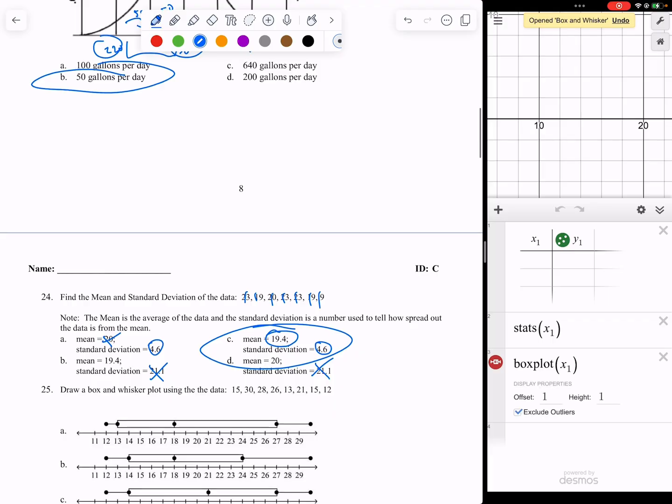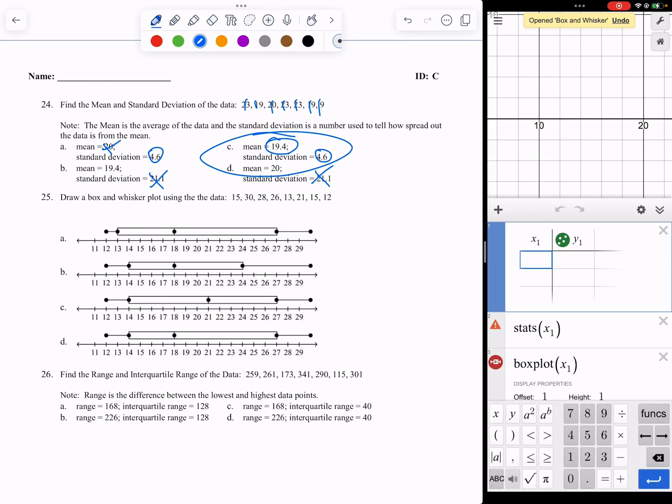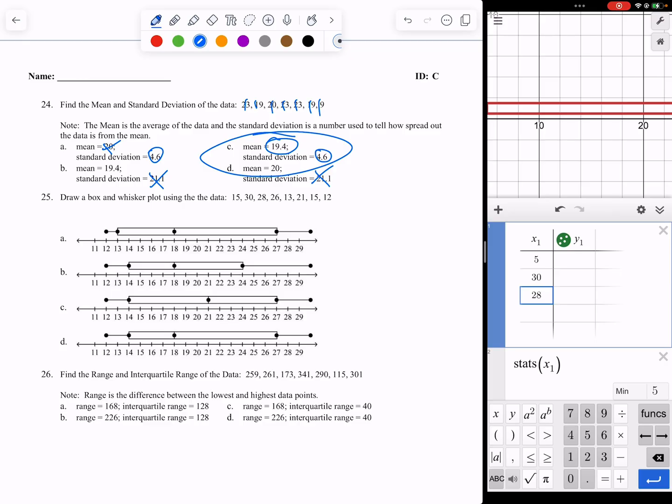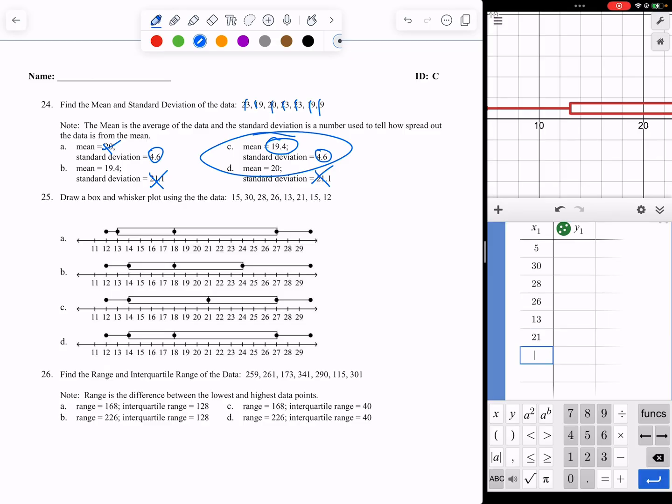All right, box and whisker. Oh, that's 15, not 5. 1, 2, 3, 4, 5, 6, 7, 8. 15, 30, 28, 26, 13, 21, 15, 12.